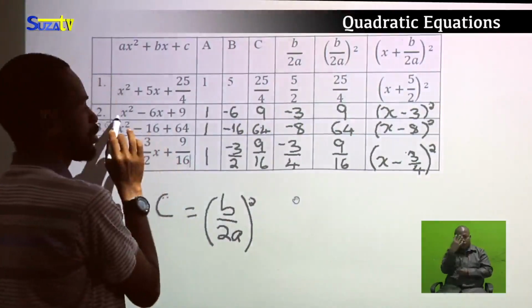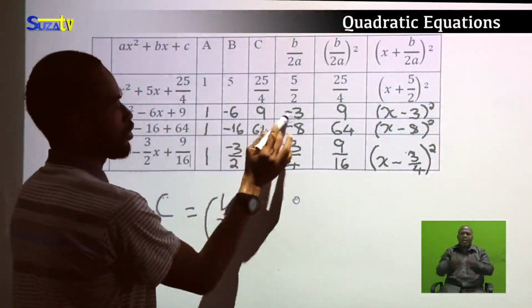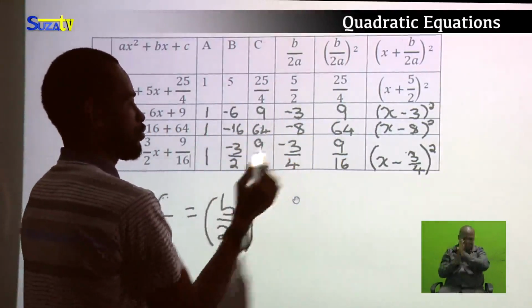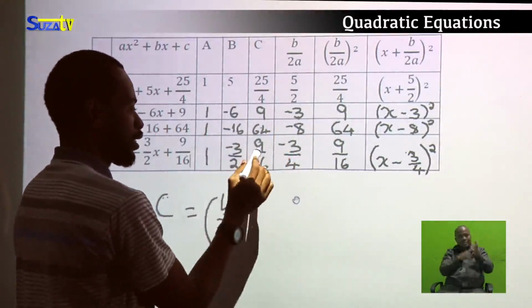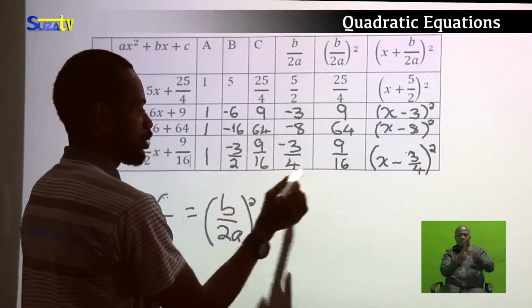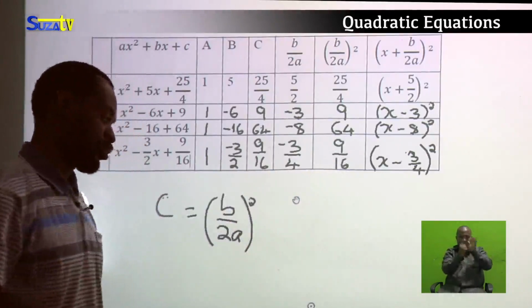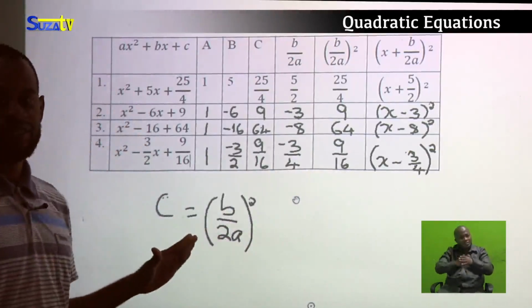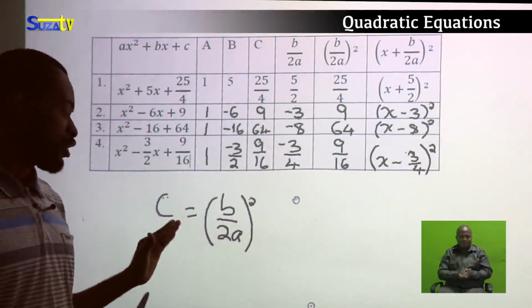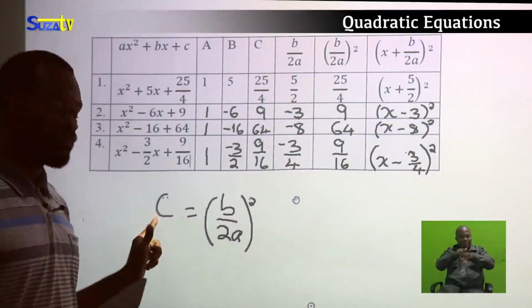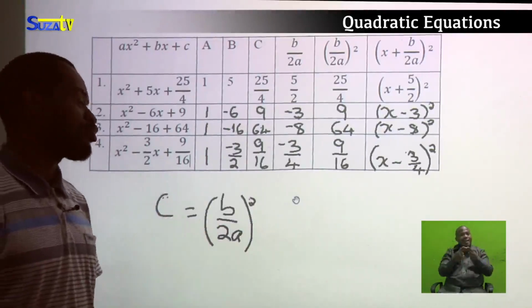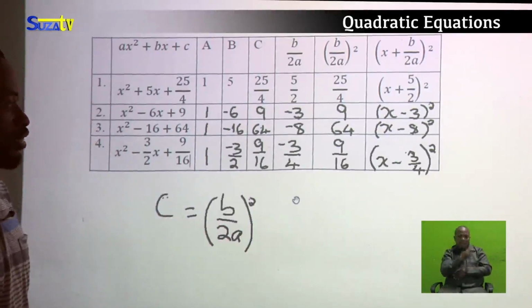In question number 2, the same thing: 9 over 64... 9 over 16, we have 9 over 16. So this is the relationship we have established, that for any quadratic expression, the value of c should be equal to b over 2a, the whole thing squared.